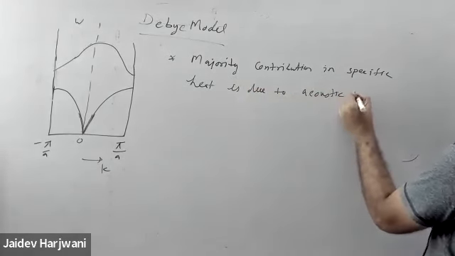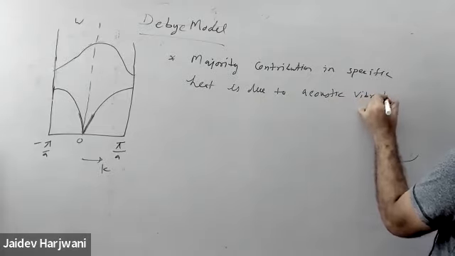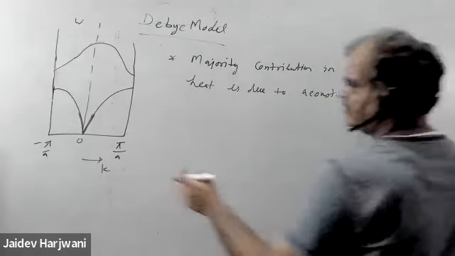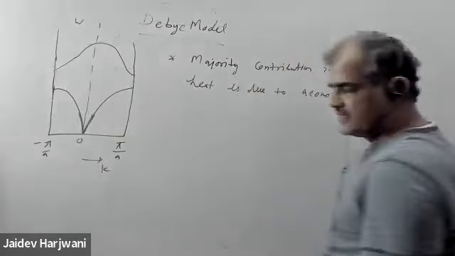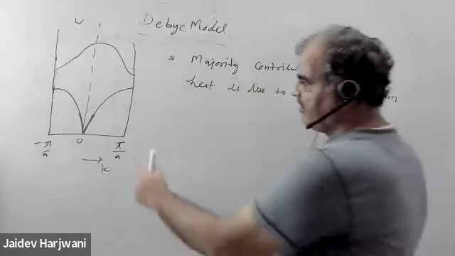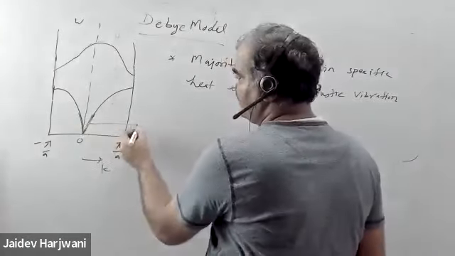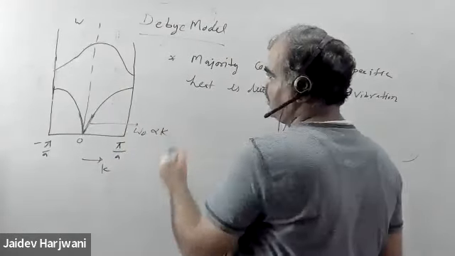Acoustic vibration means this branch, and in this branch also we are taking only this small range where omega is proportional to K.